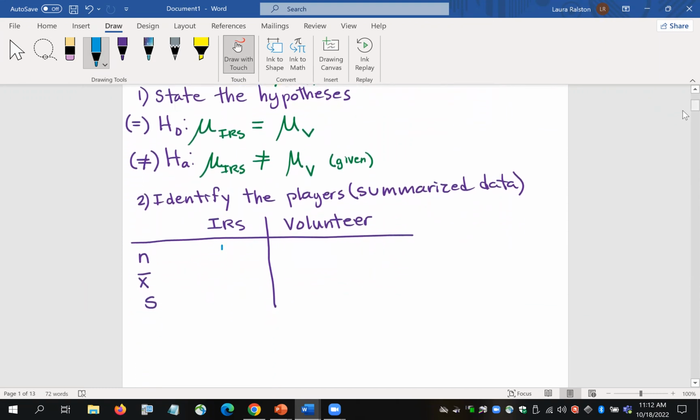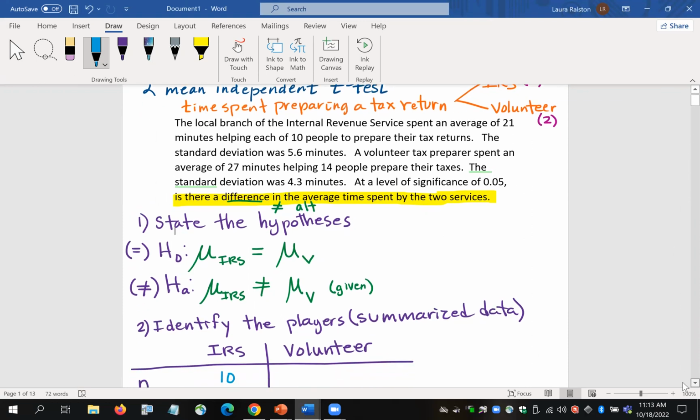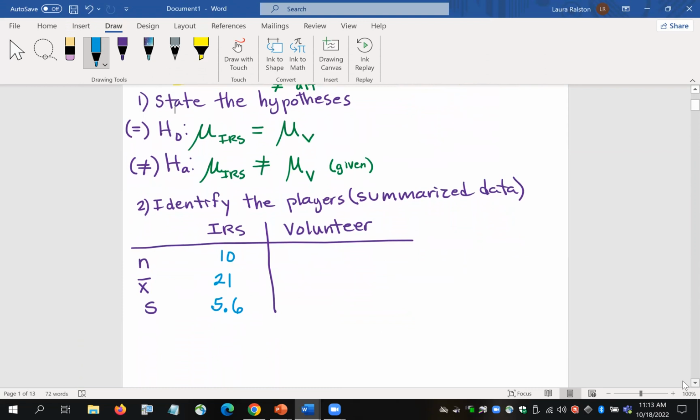So we had 10 people, average of 21 minutes, and standard deviation was 5.6. Continuing to read, it says a volunteer tax preparer spent an average of 27 minutes helping 14 people, and the standard deviation was 4.3. So for the volunteer, we had 14 people, 27 minutes, and 4.3 was our standard deviation.